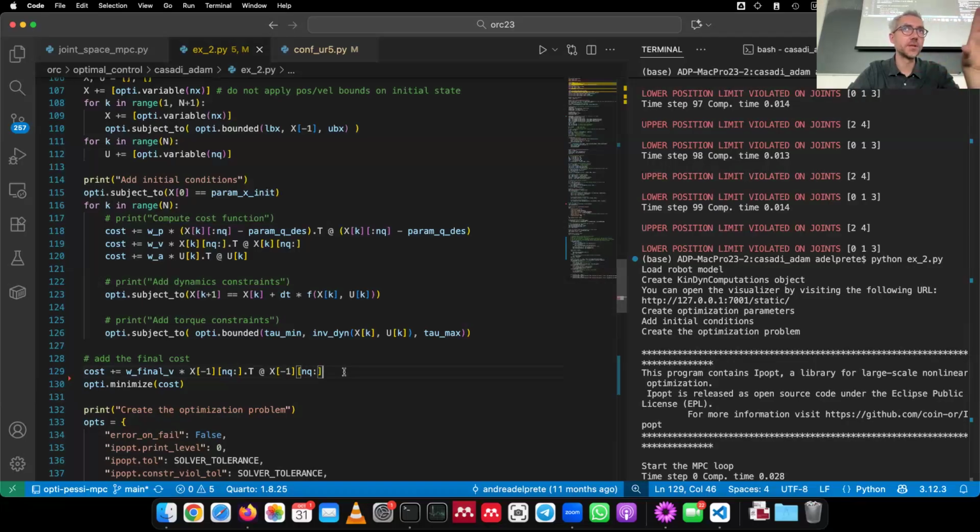We are using the perfect model of the robot. So the simulator and the controller now are using exactly the same model. It's just that the controller is not converging. So the optimization solver of the controller is not converging. And so the solutions that we get are not exact because we only do 3 iterations. So it will be the cost function.